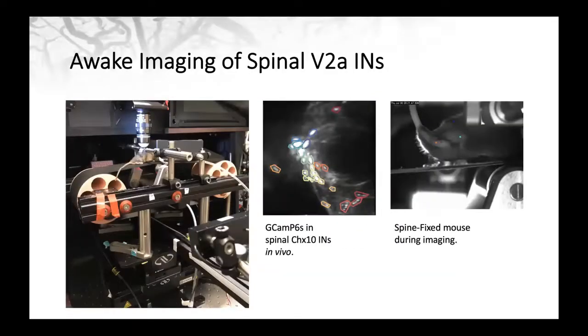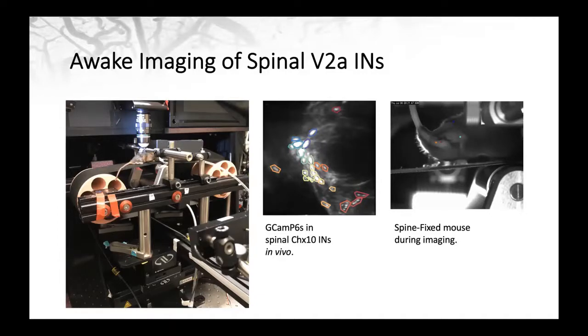We would like to image a lot deeper because, as I said before, the surface of the spinal cord contains most of the sensory neurons that encode signals from, for example, temperature and when the mouse touches its foot on the treadmill, but they're not really the main neurons that pattern the locomotion.